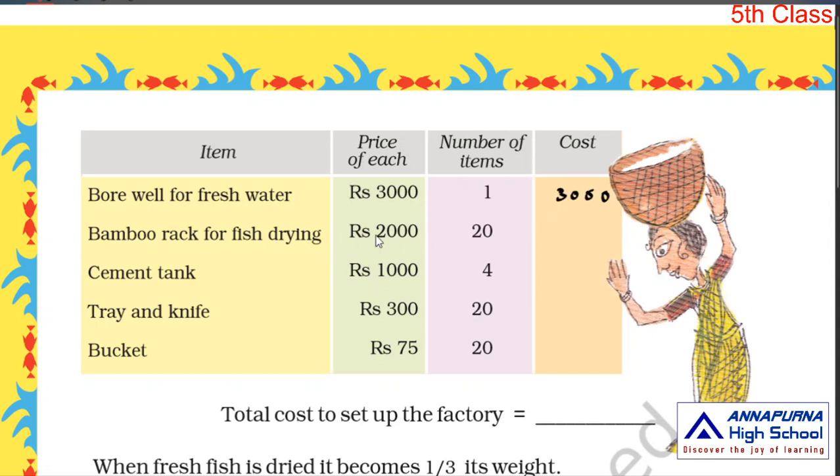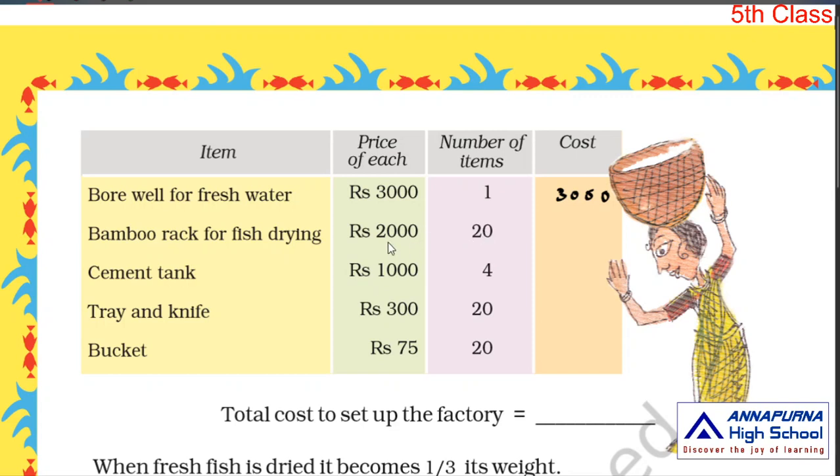Bamboo rack for fish drying 2000 rupees. Number of items is 20. This is the price of each one. For one, 2000. For 20 items, that means each item they need 2000 rupees.